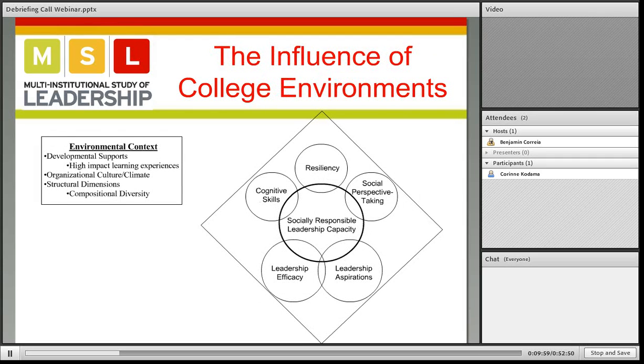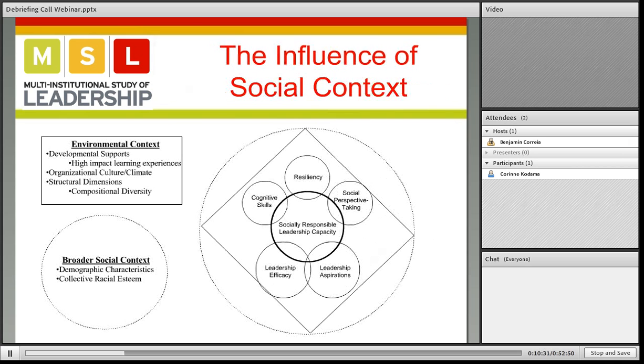With those outcomes, they are embedded within or influenced by our college environment. So the instrument also measures various aspects of the collegiate environment. These can be the programs that you offer, the structural dimensions, the compositional diversity of your institution. This can be a variety of environmental factors that influence the development of these areas. And then this is all placed within the broader social context.